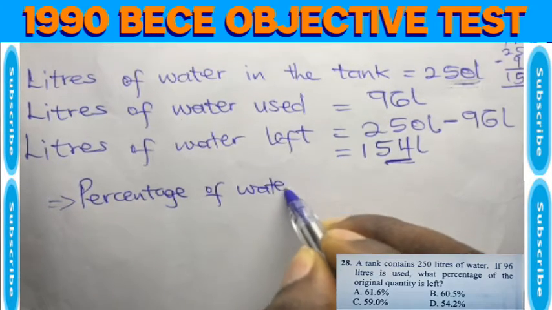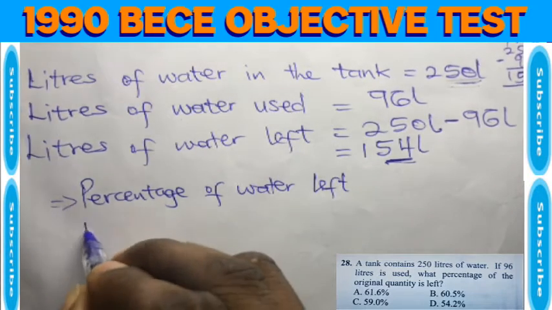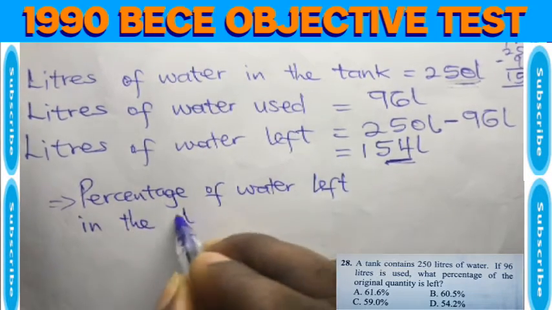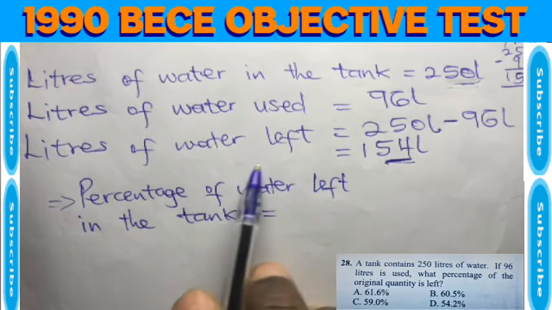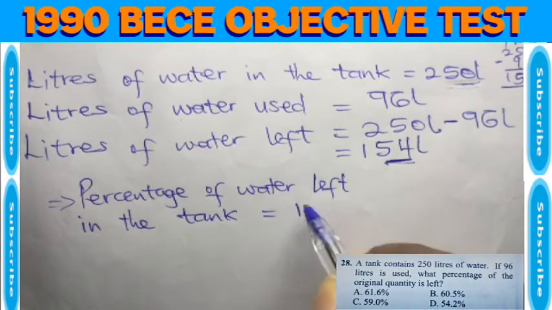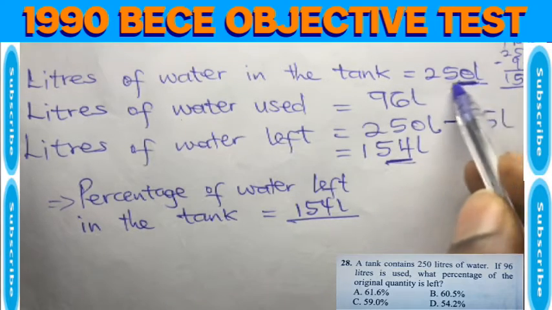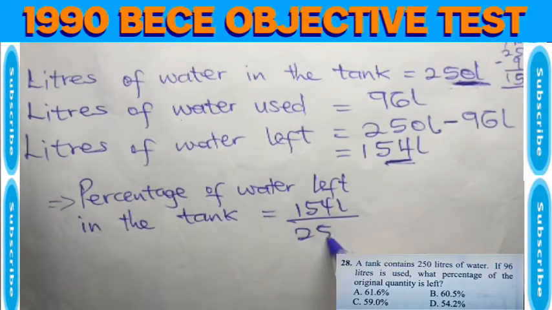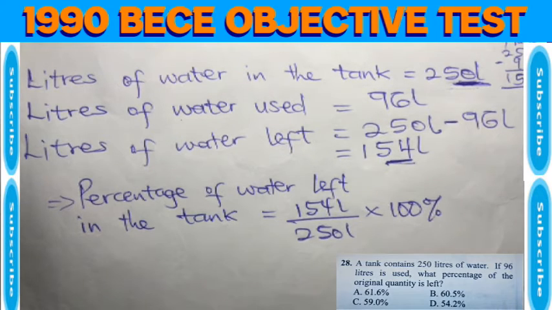So the percentage of water left in the tank will be equal to 154 liters out of the total 250 liters, multiplied by 100%.